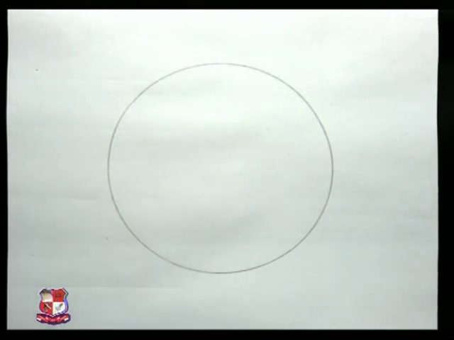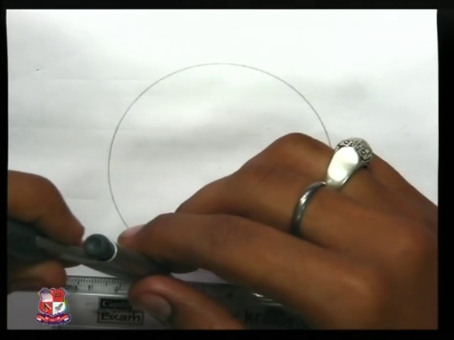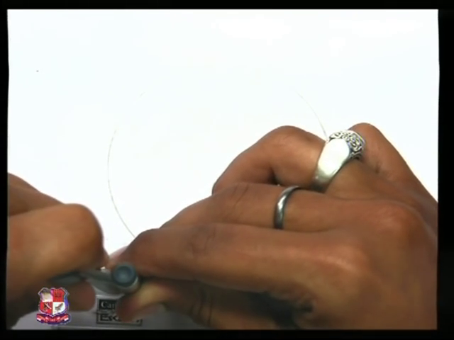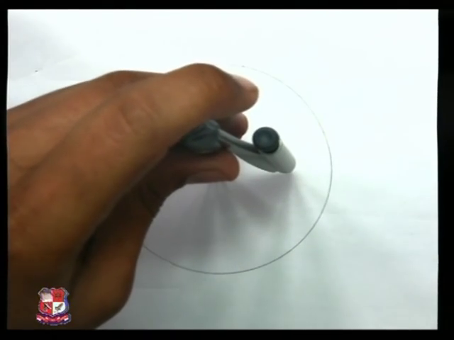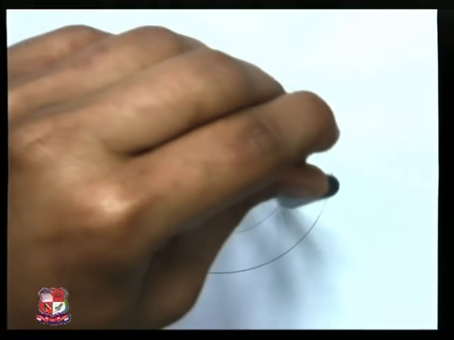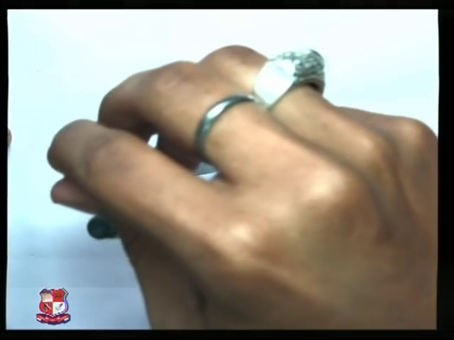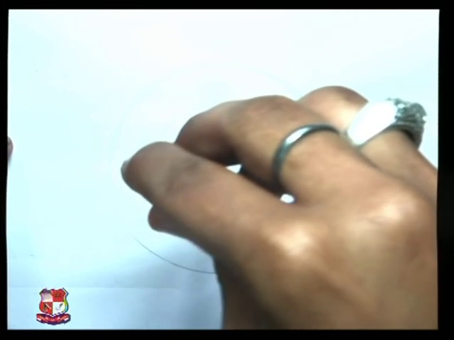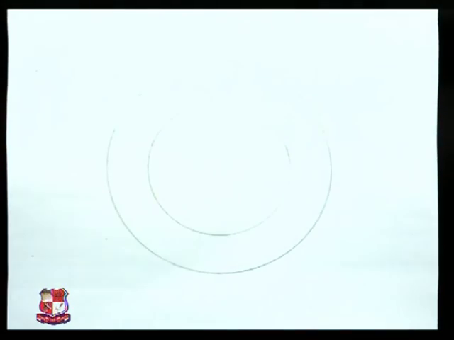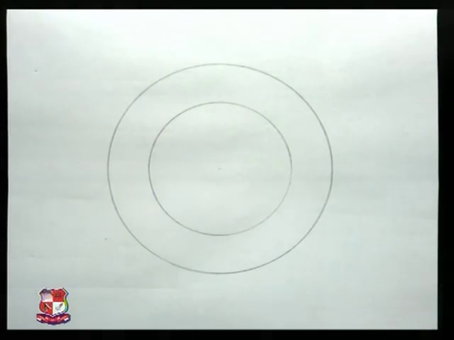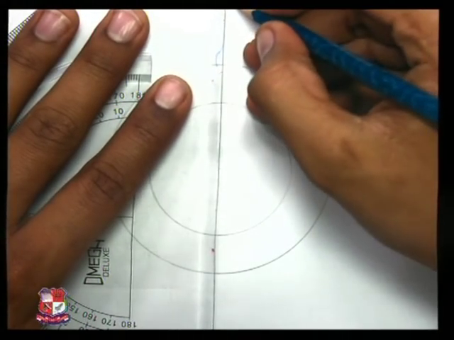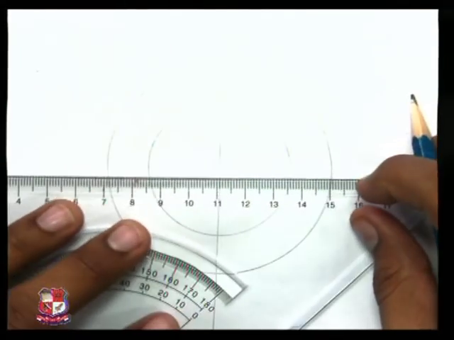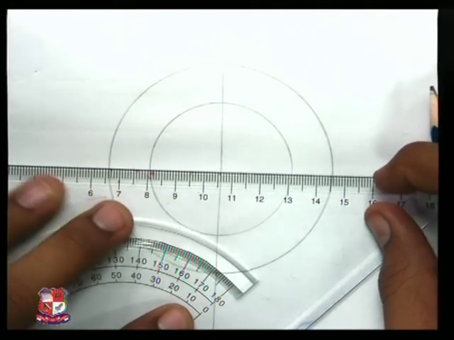And 50 mm means radius of 25 mm, using the same center. Drawn two concentric circles. Take center lines for both the circles, or draw reference lines only so that our ellipse can be clearly visible.